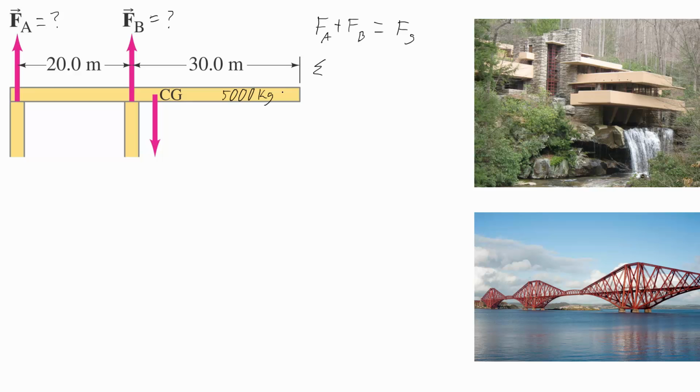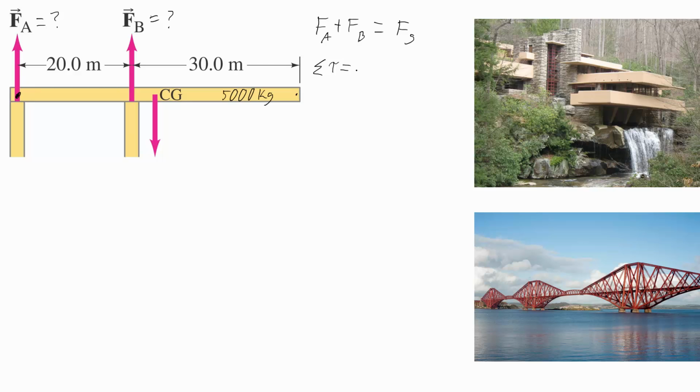Now, as I just mentioned, we can sum these torques about any point we want. So we could do it about this end, in which case we'd have a torque from all three of the forces acting on it. But why make life more difficult when we can do the torques about the location of one of these forces, and then the lever arm for that force is 0, so there is no torque from A about that point.